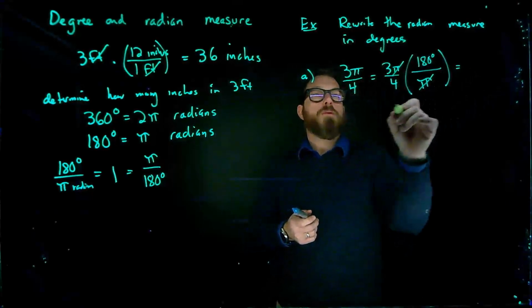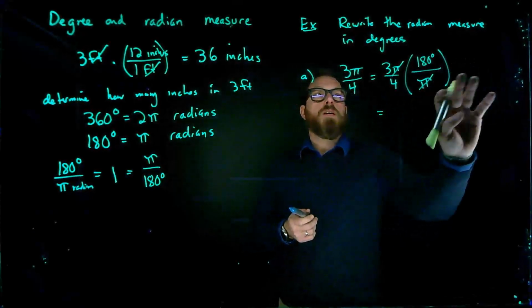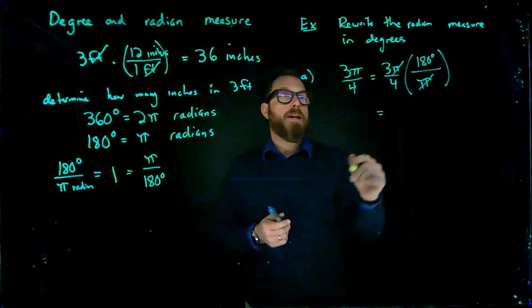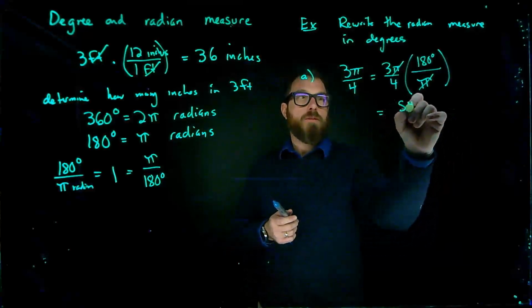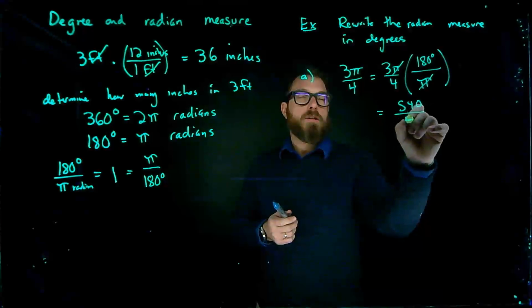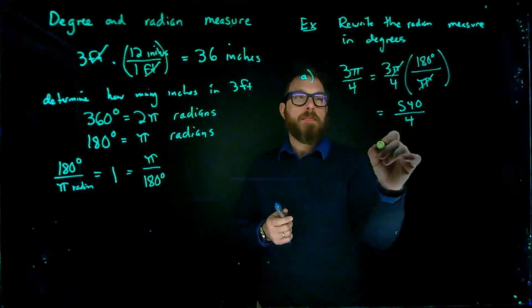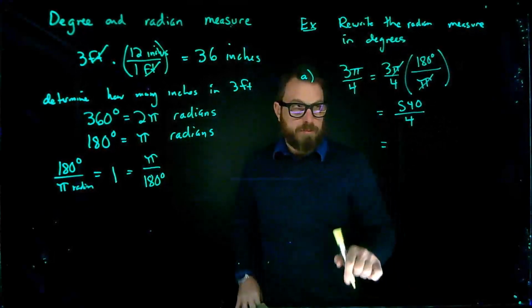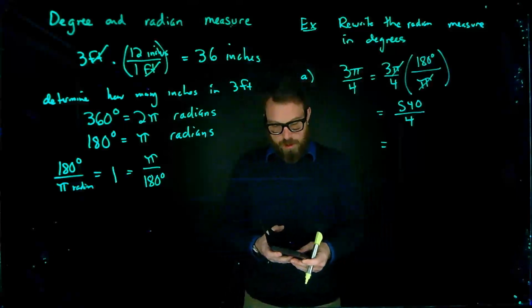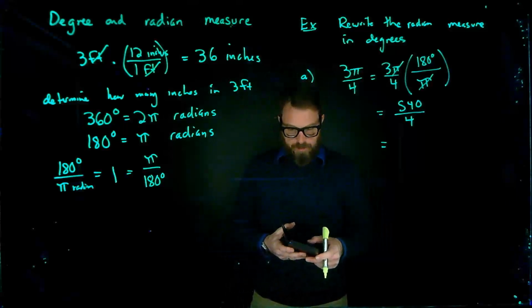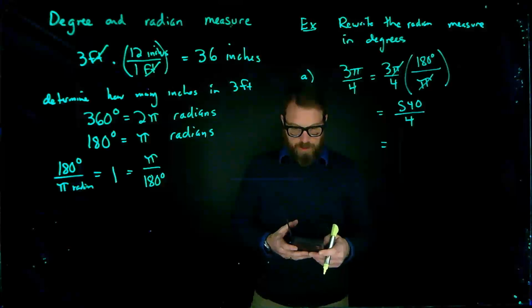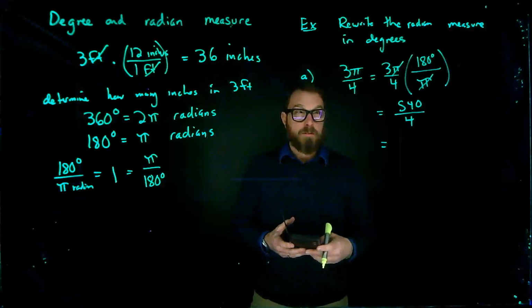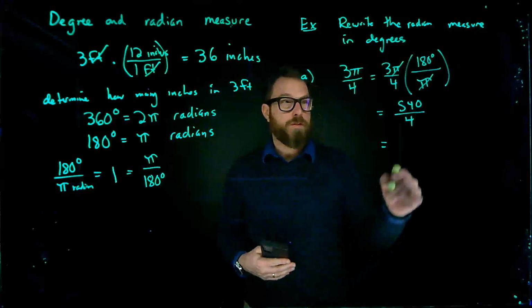So this is going to be equal to 3 times 180, so this is going to be 540 divided by 4. Making sure. 135, as we expected.